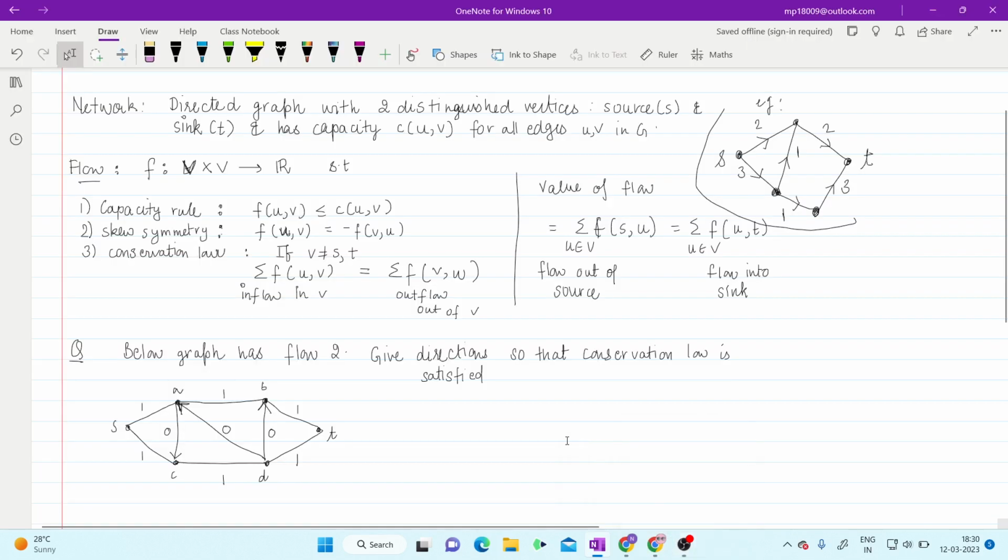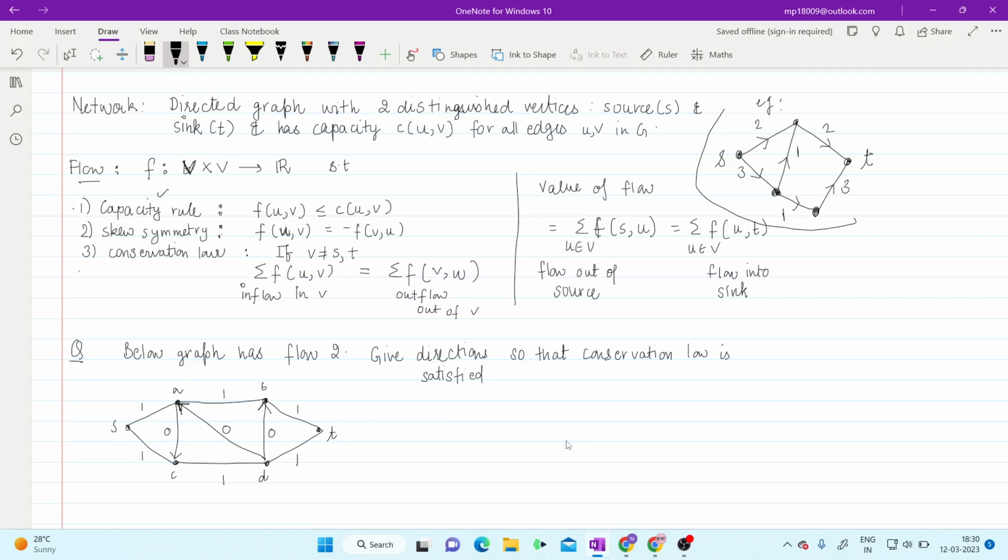So this is a network. Now, what is a flow? A flow is basically a function from V cross V to R. You are assigning some real number to each edge, and it should satisfy these three properties.